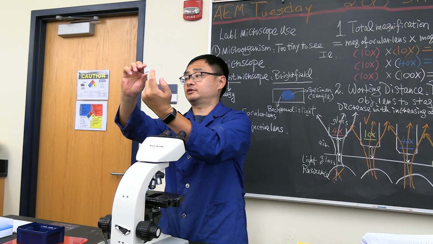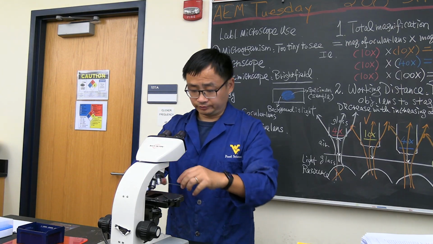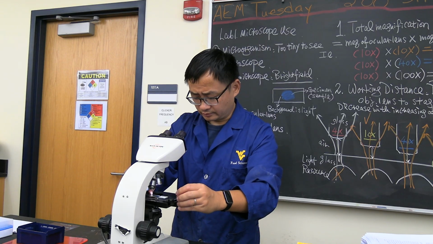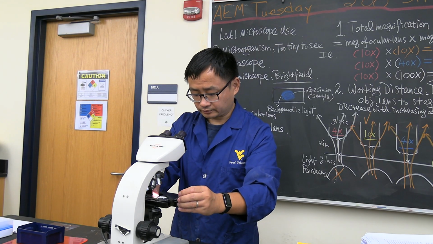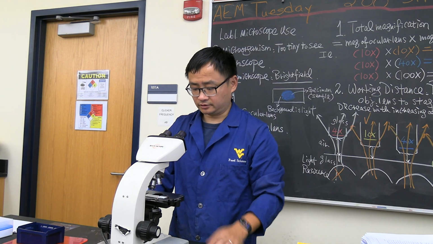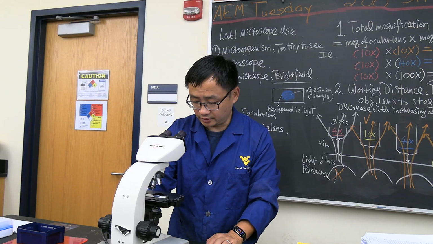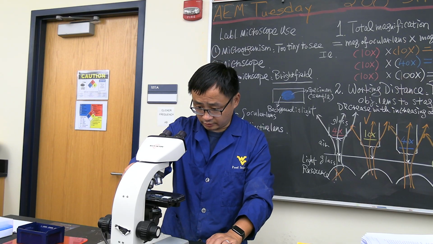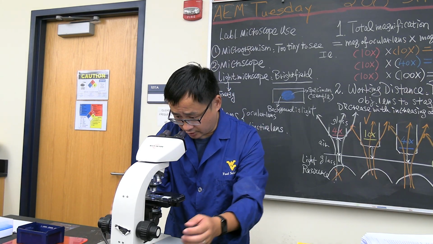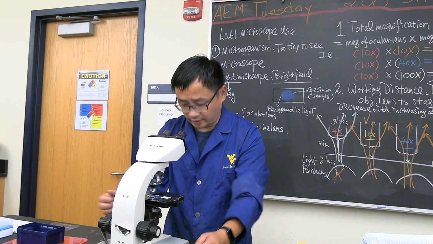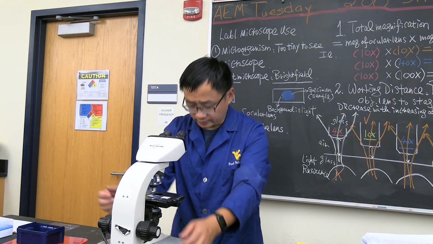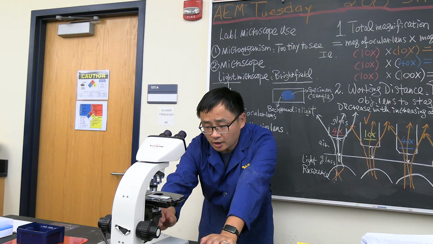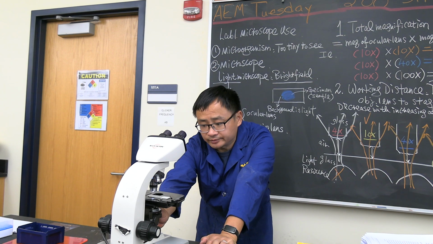It's already pre-made. So we put it in the middle, and then we adjust it a little bit. We use 10x, so we need to go down. Okay. So how do we do it? We make sure our iris diaphragm is at 10.